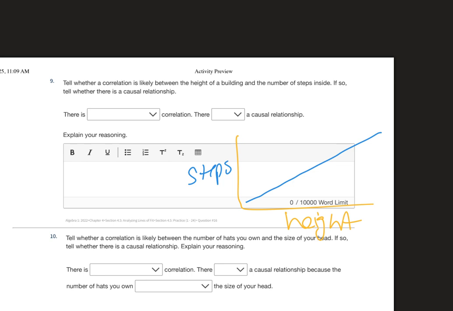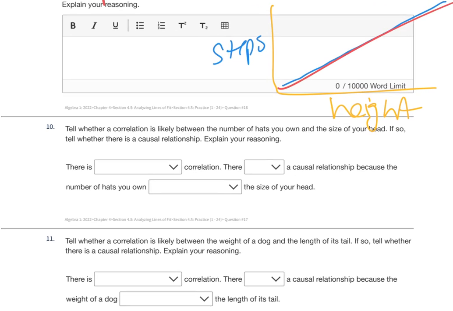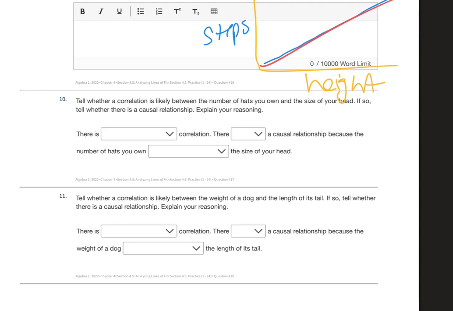Well, there has to be like a fire exit. So I'm definitely going, we got a positive relationship, and there is a causal relationship, because I think if you have a higher building, you're going to have more steps.